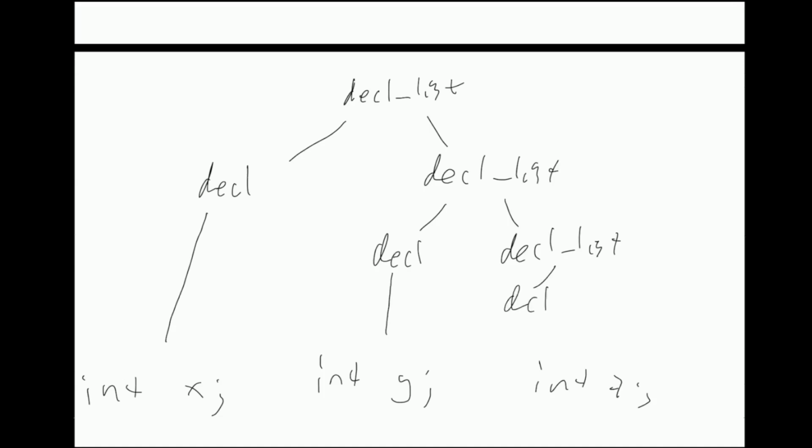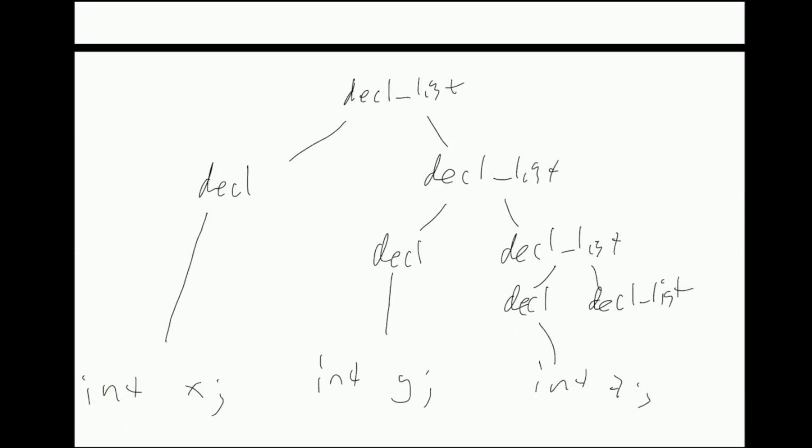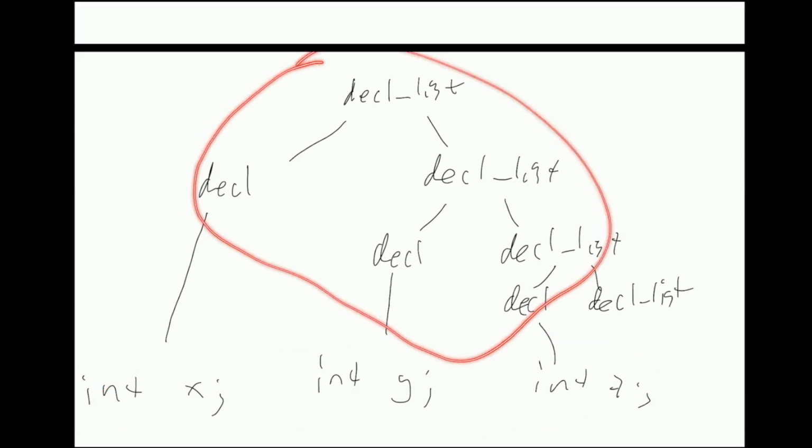If we keep trying to match the input language with our grammar, we'll end up being able to match all three declarations that we saw in our input with this tree that records how the grammar matched.